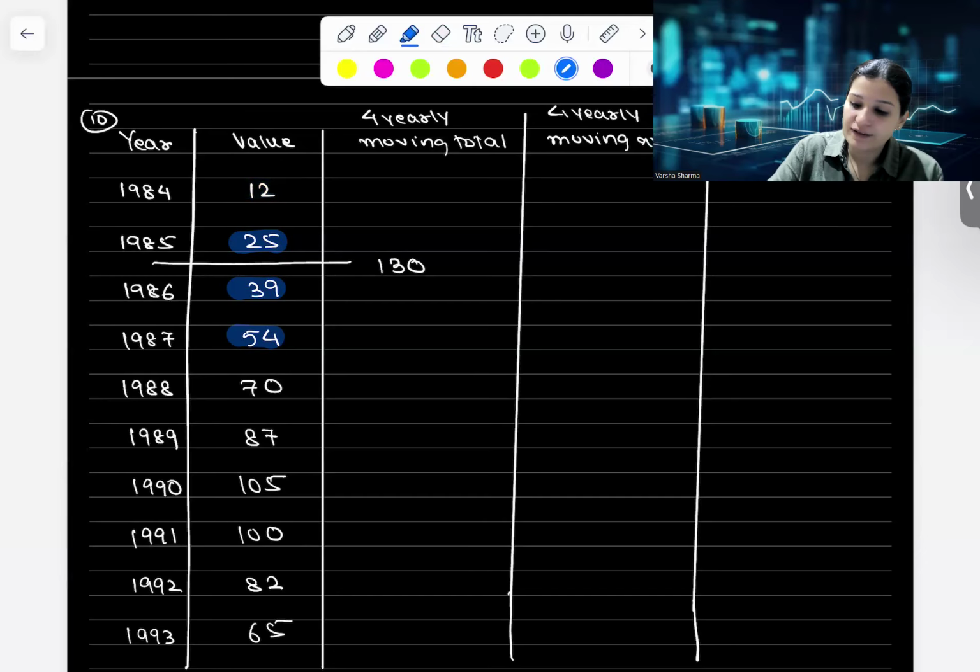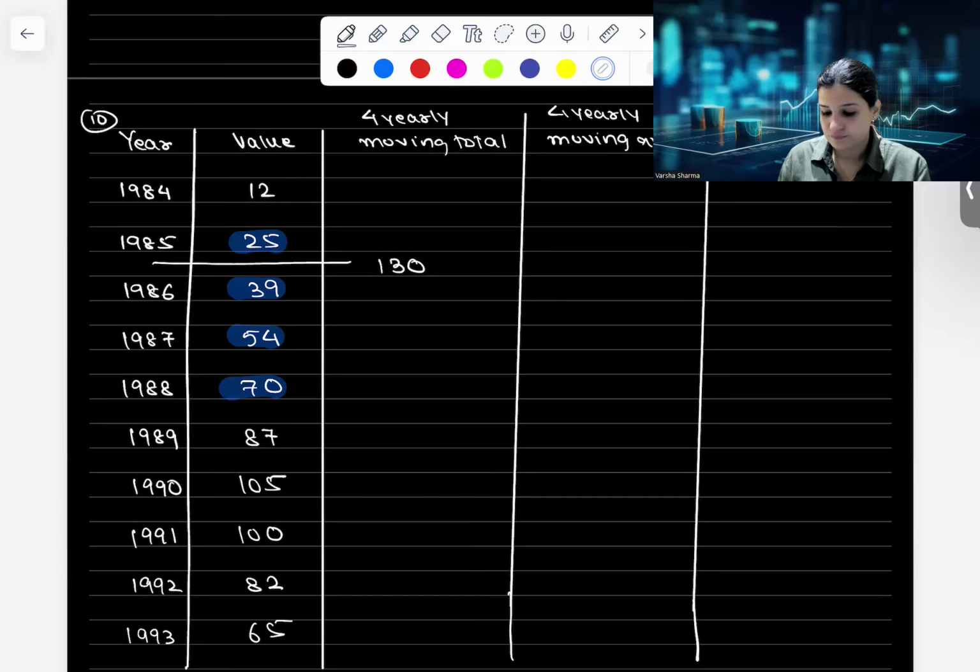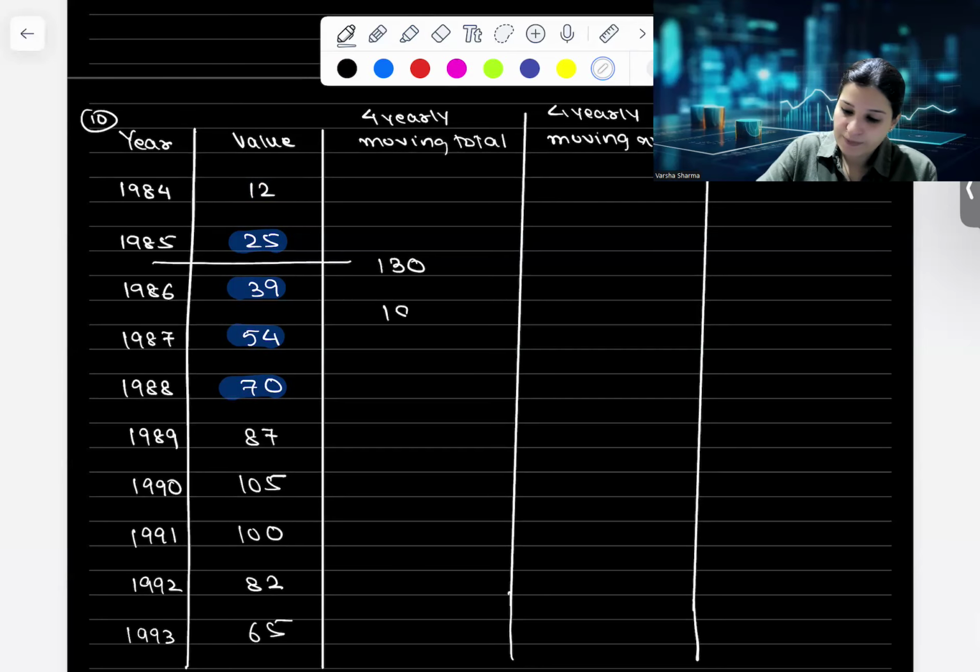Now remove 12, add 70. 188. In the next space.